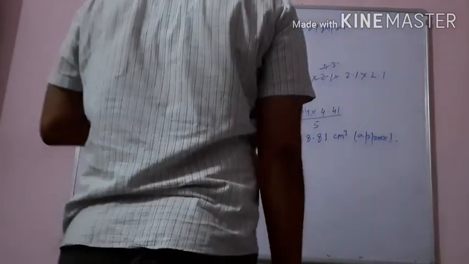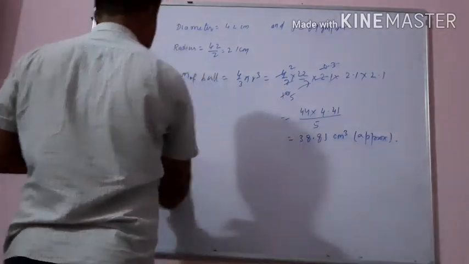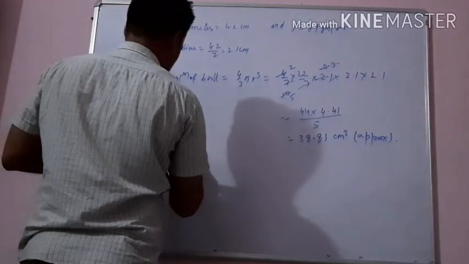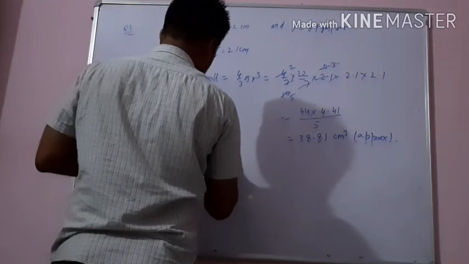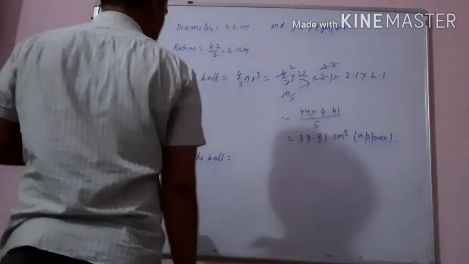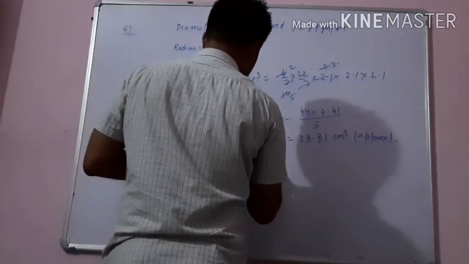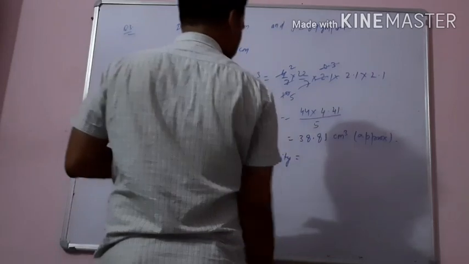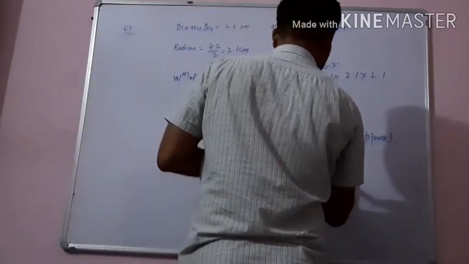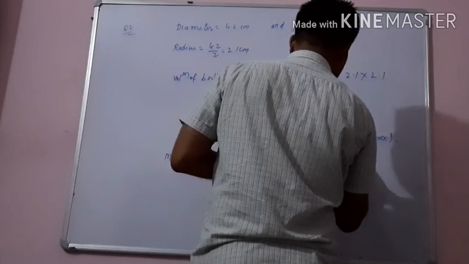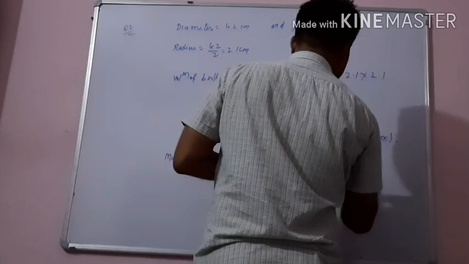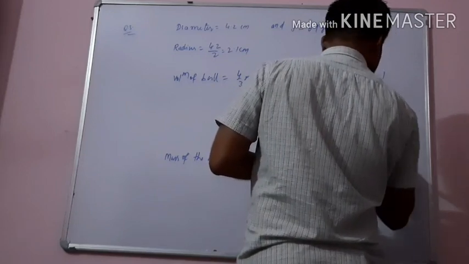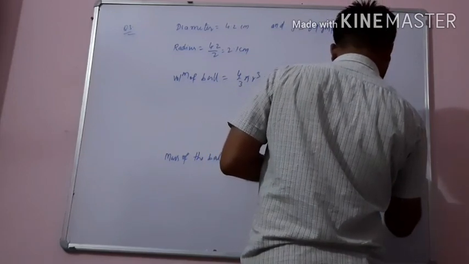Now we have to find the mass, not weight. So the mass of the ball will be equal to volume multiply density. Now 38.81 centimeter cube multiply 8.9 gram per centimeter cube.